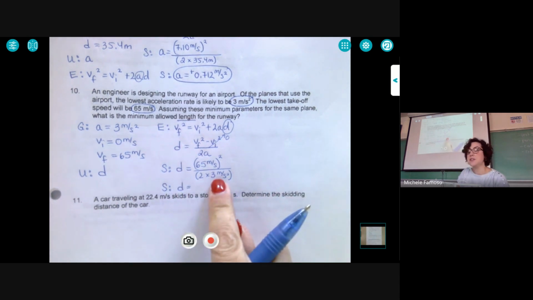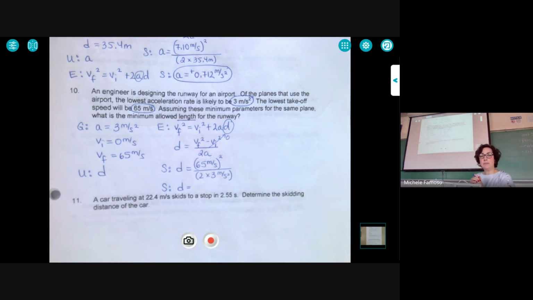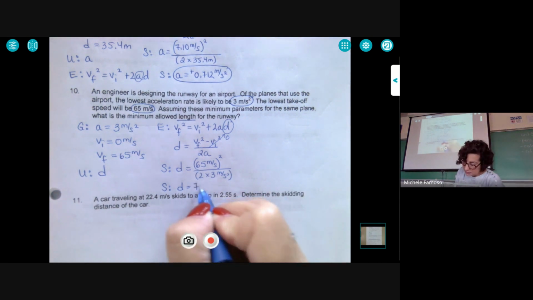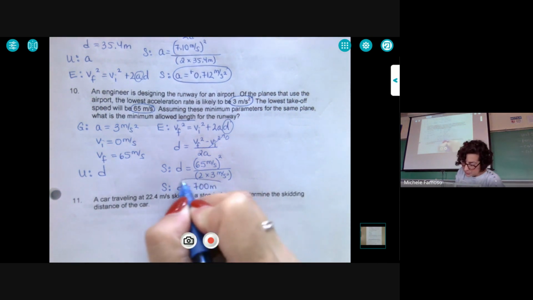One sig fig on this, right? Because of the acceleration. 65 squared divided by 6, rounded to one significant figure. Ashley, what's that going to give us? That's right, 700 meters without the decimal point.